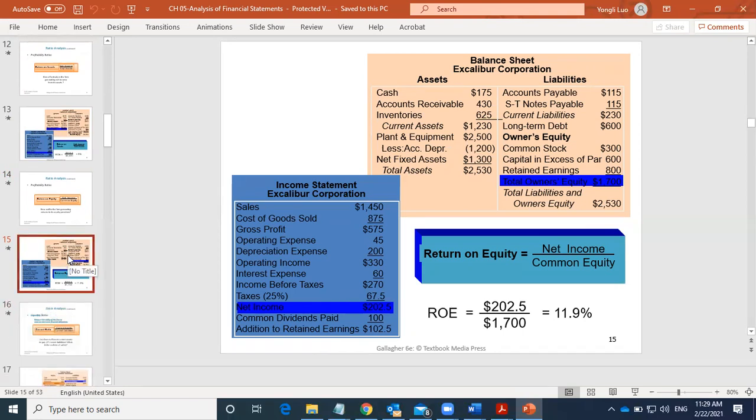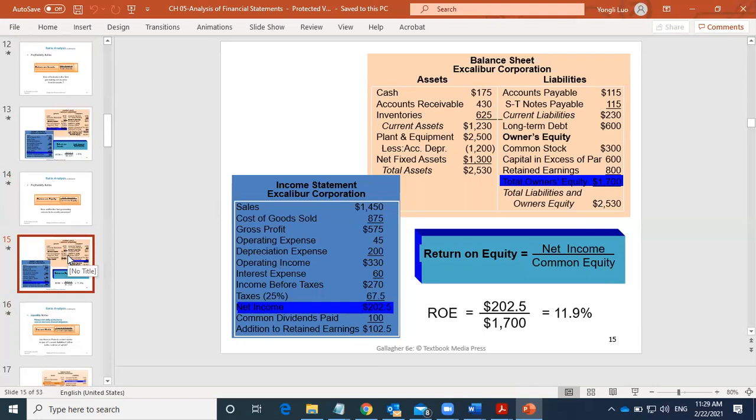And the two parts on the right: one is total liabilities, and another one is total owners' shareholders' equity.